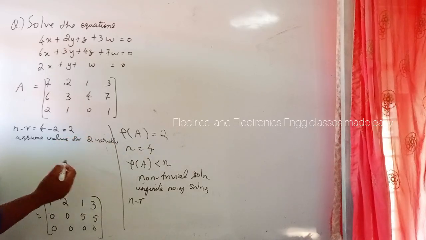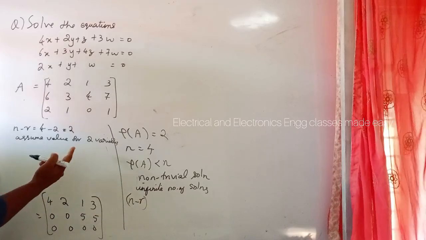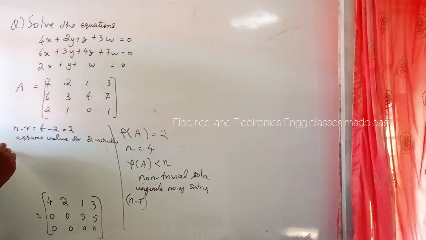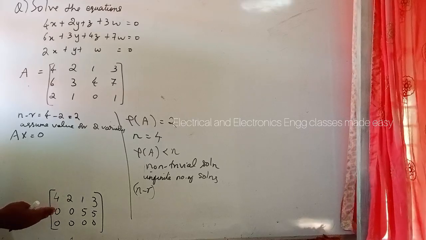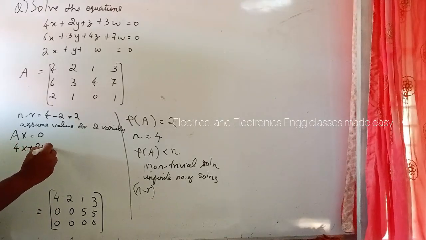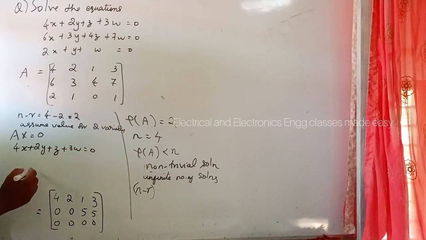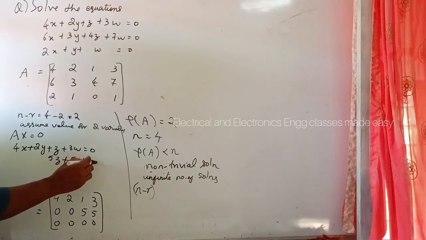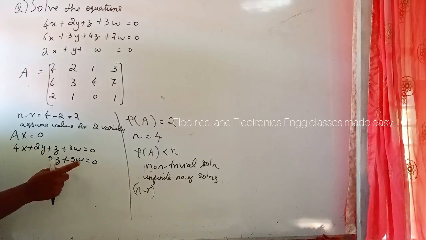So we have to assume value for n minus r variables here. And from this we can write Ax equal to 0. So this one we can write as 4x plus 2y plus z plus 3w equal to 0, and 5z plus 5w equal to 0. Now we can assume values for 2 variables.